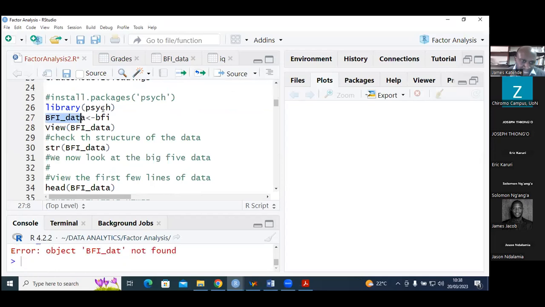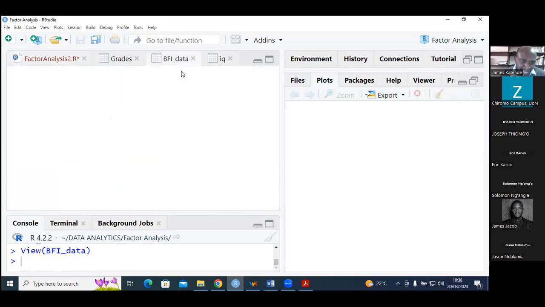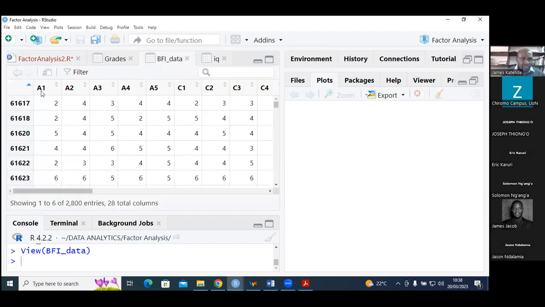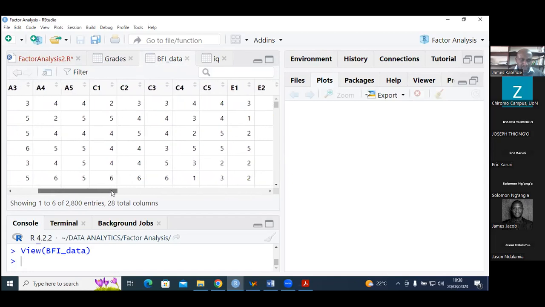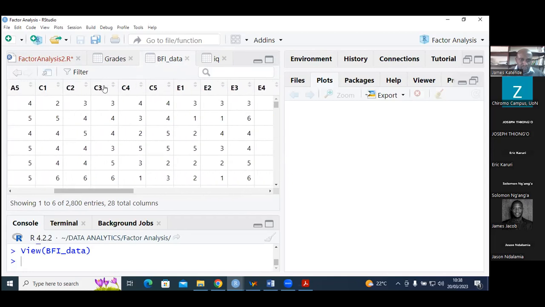What have I done? I store it there, then we can view the data, and you see what it's like. So you can see these are the 5 variables that were measuring agreeableness, and these are the scores. I think the scale was from 1 to 6. Then the conscientiousness was measured by these 5.